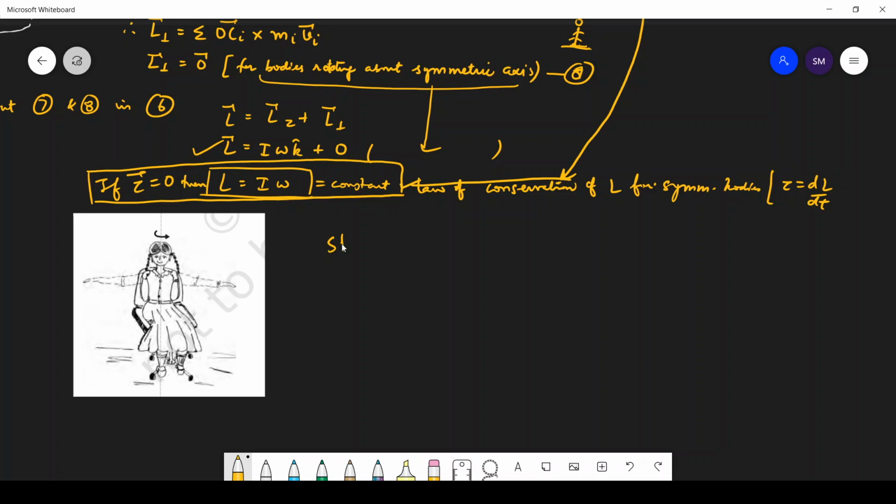There are only two positions. One is stretching the arms, and the second is folding the arms or bringing the arms near to the body. So two positions only.